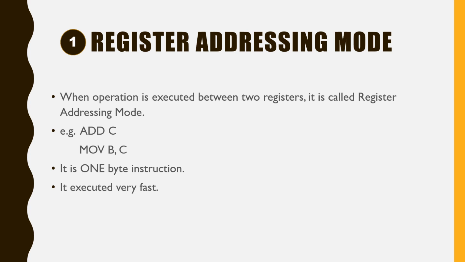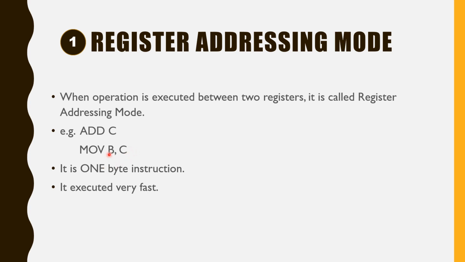The next instruction they have given is MOV B comma C. Look at the slide, MOV B comma C. Here MOV B comma C means moving the content of register C to register B. Whenever we write an instruction, the destination comes first and then the source.